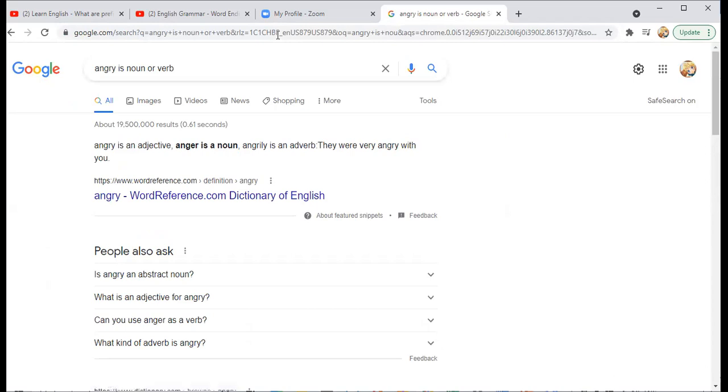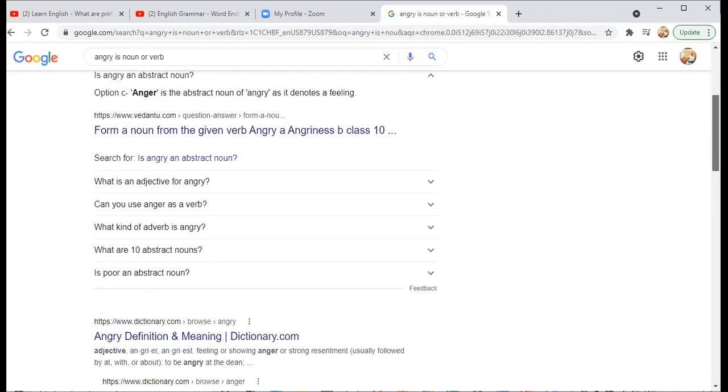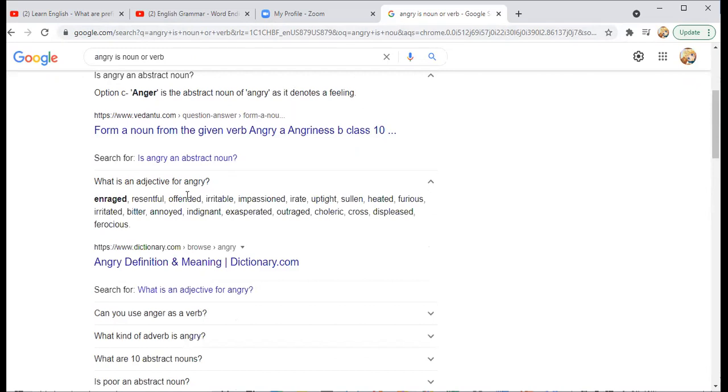Anger is a noun. Angry is an abstract noun as it denotes feeling. Okay. The adjective of angry: enraged, resentful, offended, passionate, irritated, upset, bitter, annoyed. Okay.